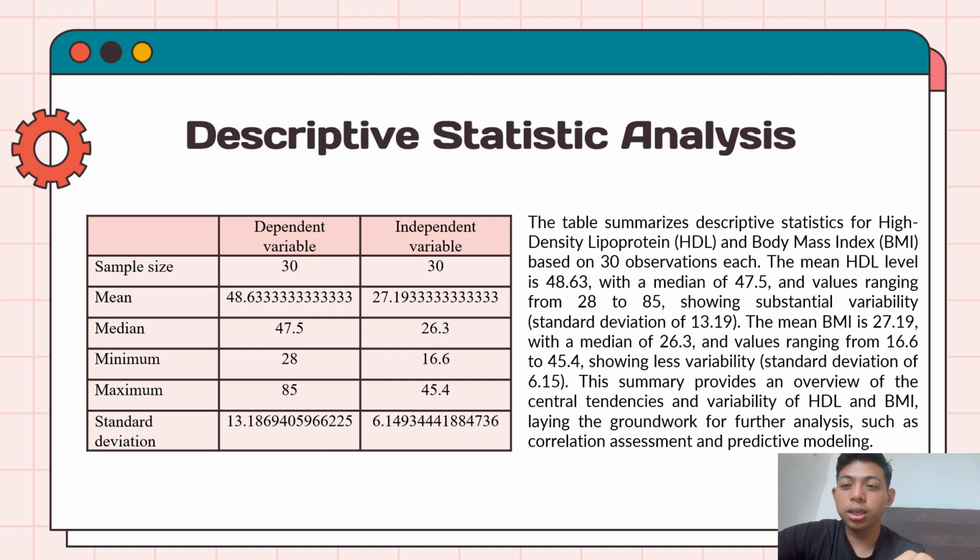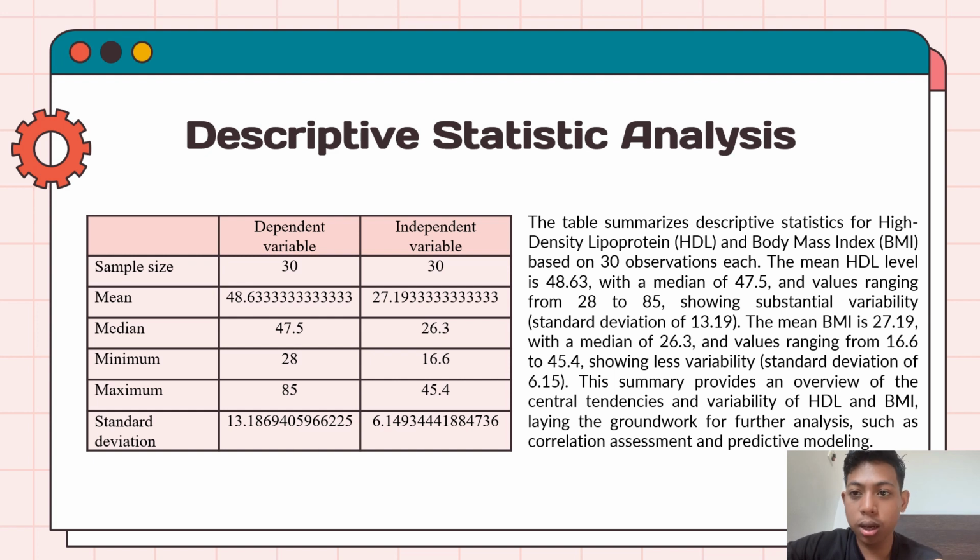Then we see the middle of the numbers, so the 15th and 16th place. So we take the data, then divide by 2. So we get for the BMI 47.5, then for HDL 26.3.